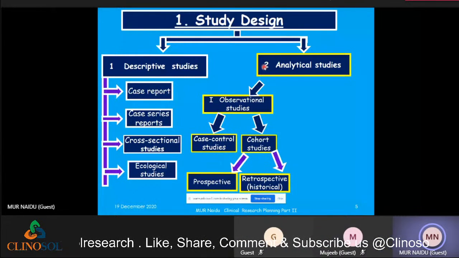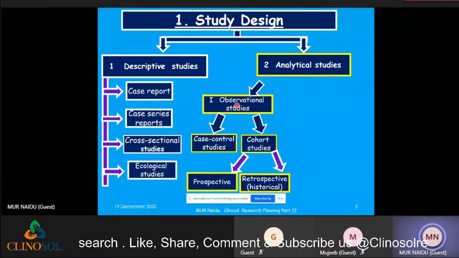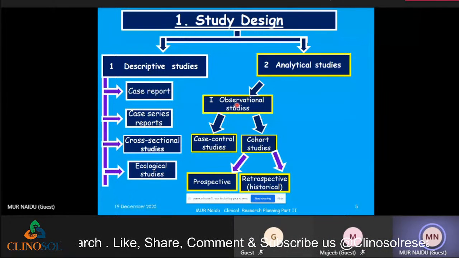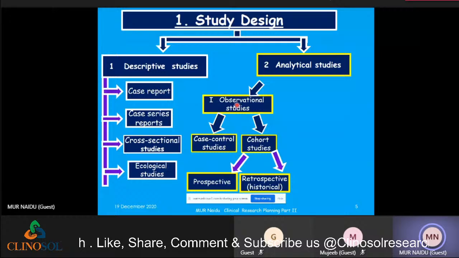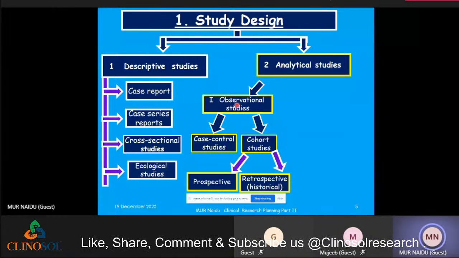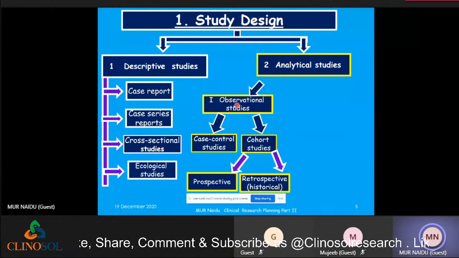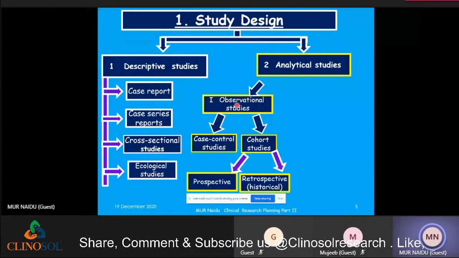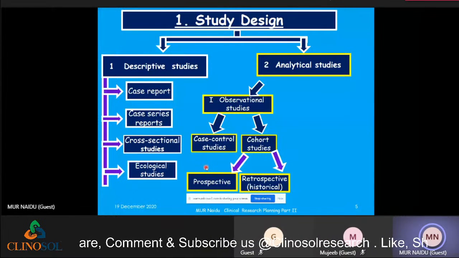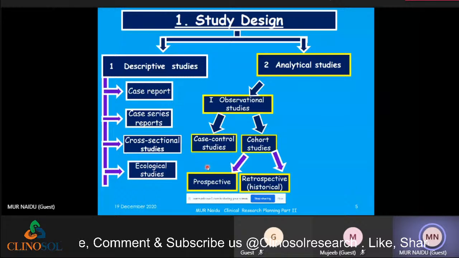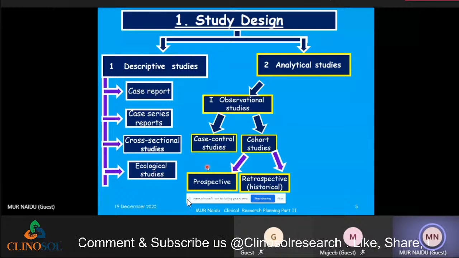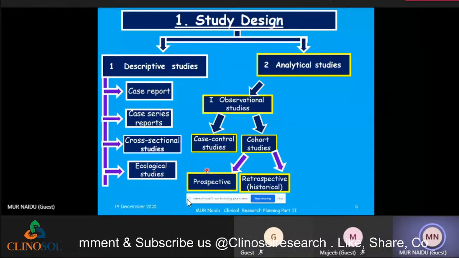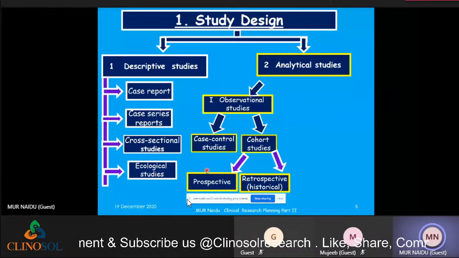Coming to the cohort study, it is further divided into either prospective, meaning you are just starting the study itself for the first time, nobody has done it, or a retrospective study where some data is already available, you take it and do the study. This is also known as a historical type of study.